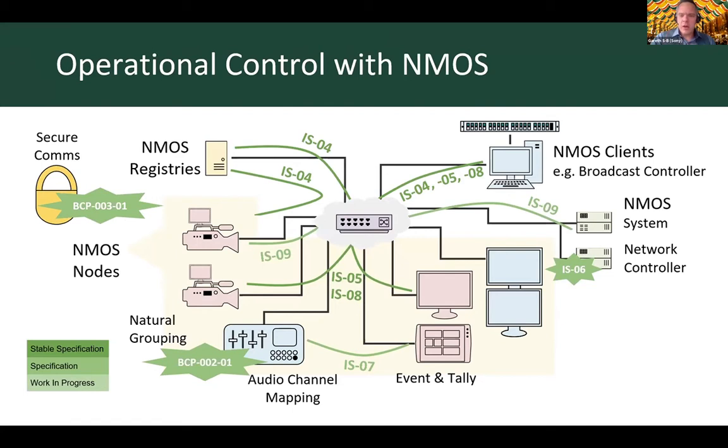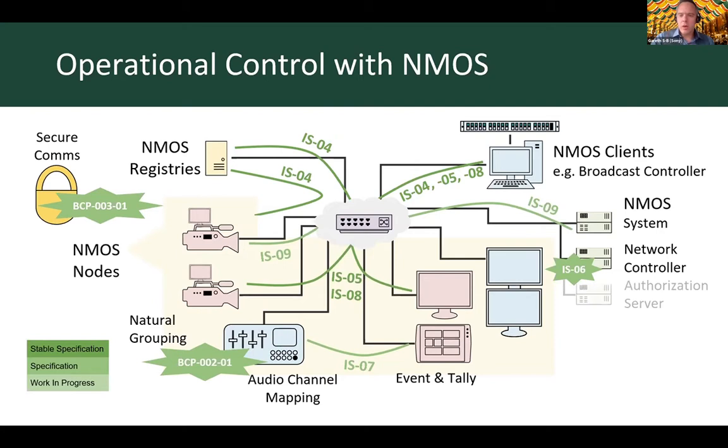There's the system diagram again, and BCP-003 Part 1, secure communication, that Felix has covered, describes how to use current IT best practice for transport layer security. That's been a published AMWA specification since February 2019, last year.